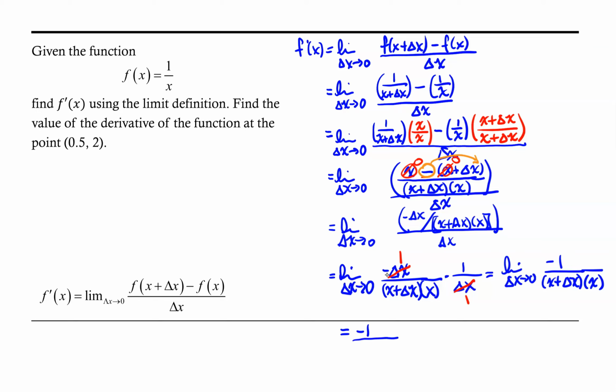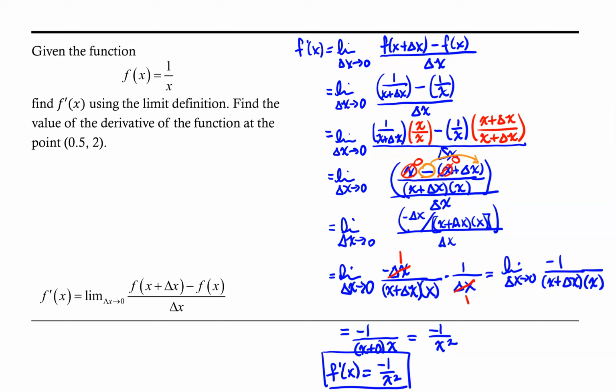In my denominator, x plus delta x will go towards x plus 0, and x will just head towards x. So we end up with negative 1 over x squared. So our derivative, our f prime of x, is negative 1 over x squared.